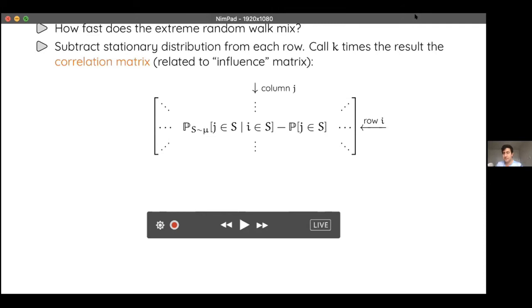For any probability transition matrix, the top eigenvector gives you an eigenvalue of 1. So if you kill that, now the top eigenvalue gives you basically the important parameter for mixing. So here I've done that. If you just subtract the stationary distribution from each row of this probability transition matrix, you kill off the top eigenvector. And now the question is, what is the top eigenvalue of the remaining matrix?